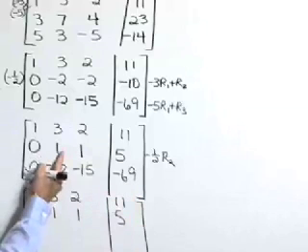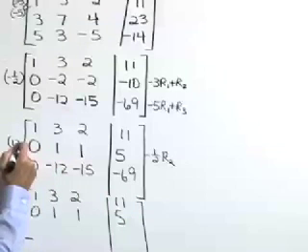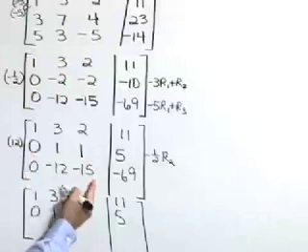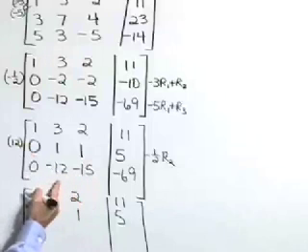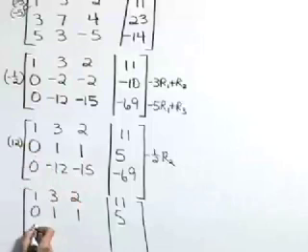Now let's work off of this 1. So I'm going to multiply row 2 through by a +12 and add that to row 3. So we can produce a 0 right here. 12 times 0 is 0, plus 0 is 0.